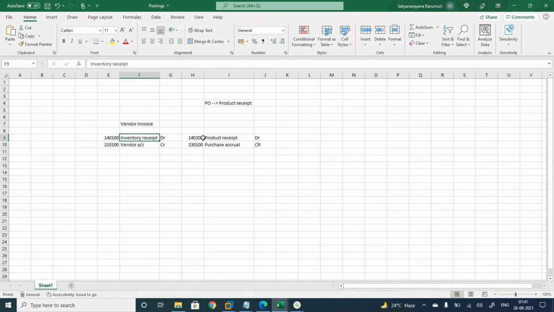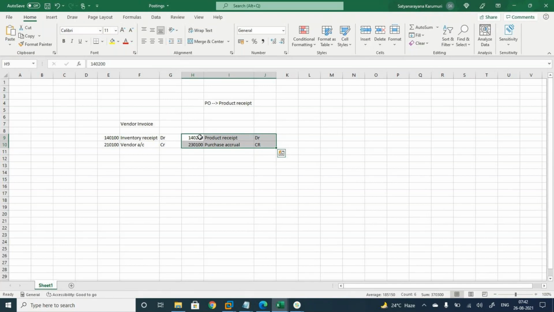As per the business people, these are called temporary accounts. But as per the SQL server, technically these are permanent ledger accounts, not temporary accounts.